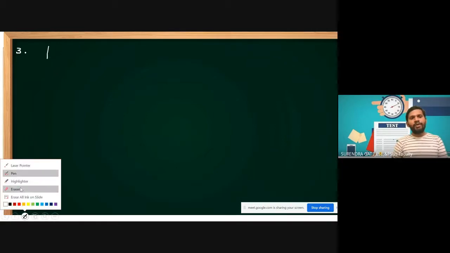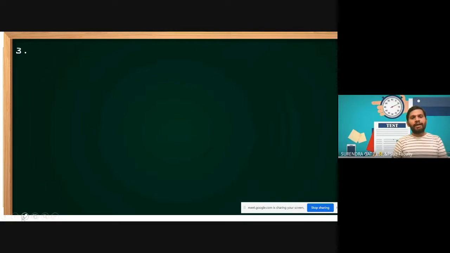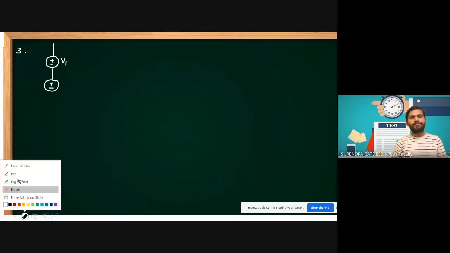Next, the third one, students. For example, if two equal voltage sources, or two different voltage sources, are connected in series like this, let this be plus minus and this also plus minus, let this be V1 and this V2.